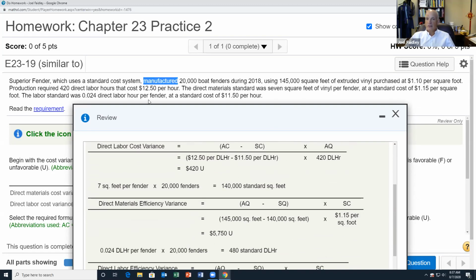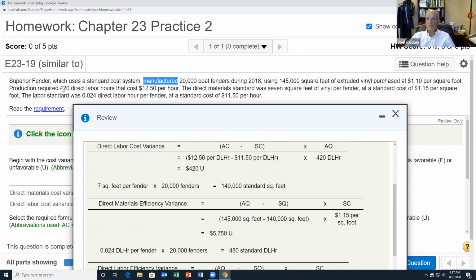All right, and then if we look at the cost variance for labor, I paid $12.50 an hour. I paid $1 more an hour for my labor, didn't I? Times 420 direct labor hours, that's the 0.024 times 20,000. That's where they get 420. No, excuse me, sorry about that.